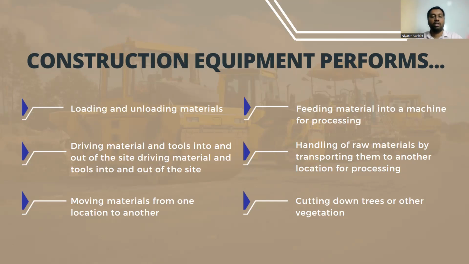Next, handling of raw materials by transporting to another location for processing. So this example we can give through cranes. Not every time does a crane transport from one place to another place. Sometimes it is from one place to fitting it as well. So a lot of times cranes will carry the glass with the vacuum seals, and the glazing operational officers will receive it and directly install it as well.